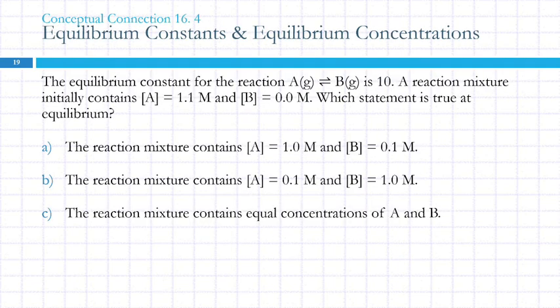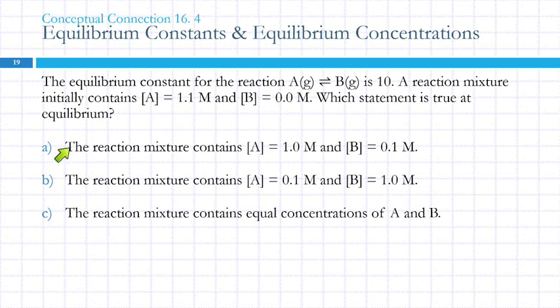Another conceptual question. Equilibrium constant for this reaction is 10. The reaction mixture initially contains 1.1 molar A and none of the product B. Which statement is true at equilibrium? This is a conceptual question. We're not supposed to have to do calculations.